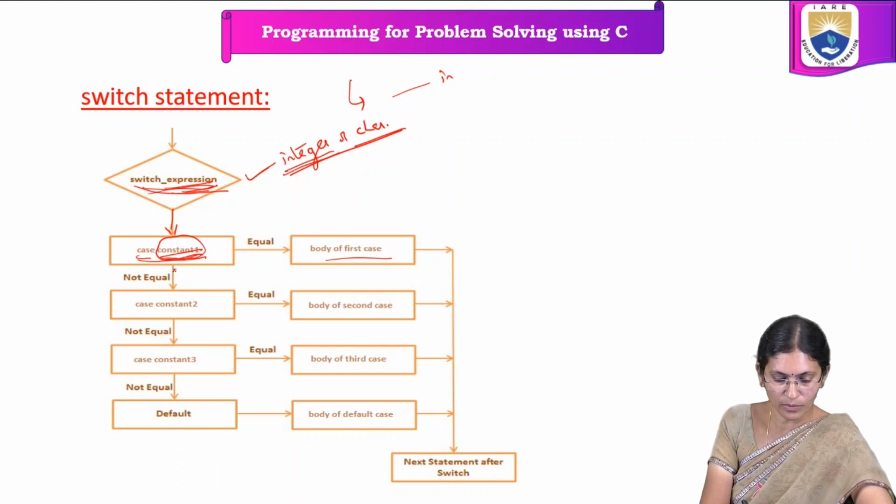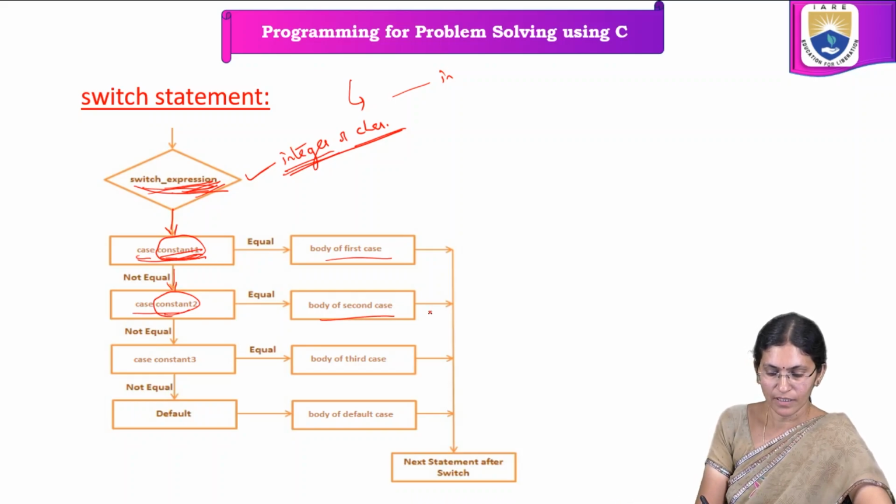If both are not equal, it will go to the second case and that label will be checked with the evaluated expression. If both are equal, the body of the second case will be evaluated, and since we have used a break statement here, the control is transferred to the next statement after the switch statement.